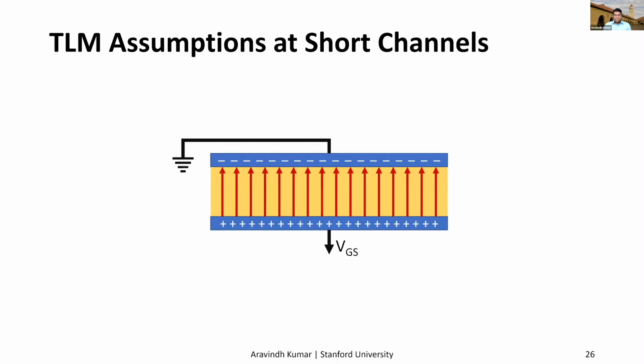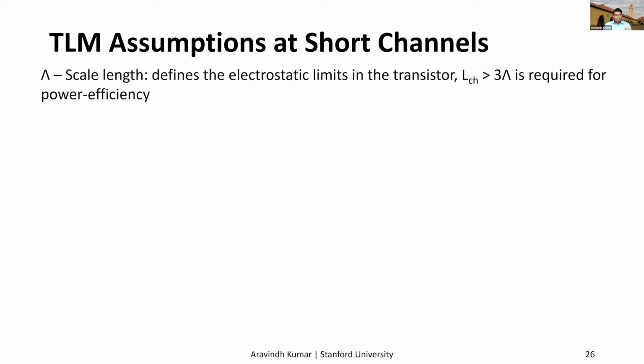In the TLM analysis, we assume that the backgate behaves like a parallel plate capacitor to induce electron density in the channel. But does that hold true at short channels? Before we begin the analysis, we first define scale length, which determines the electrostatic limits in a transistor.